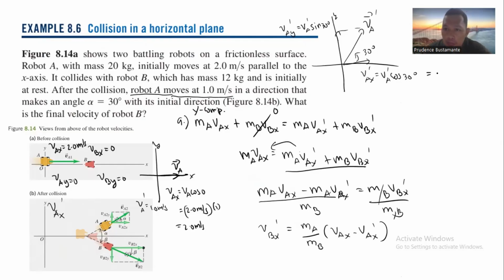So we have 1.0 meters per second cosine 30.